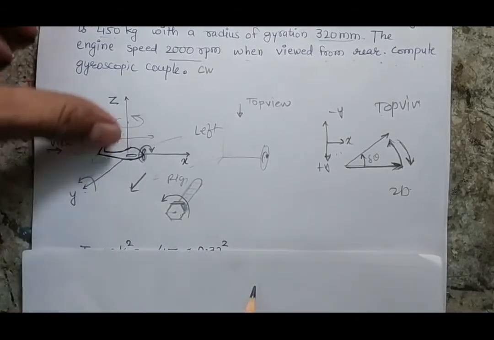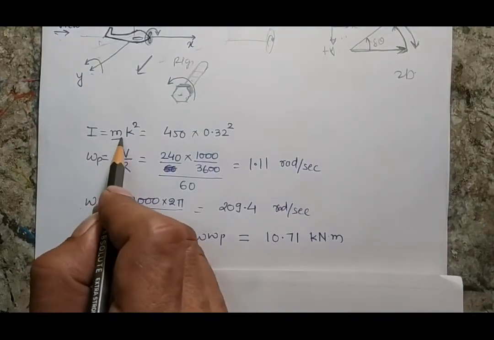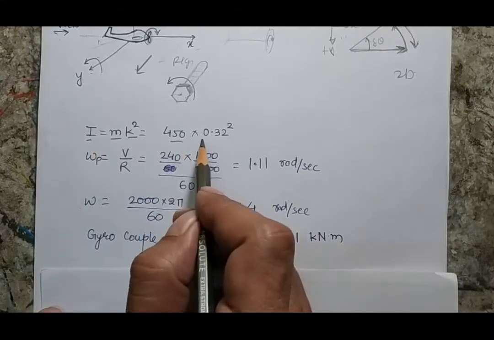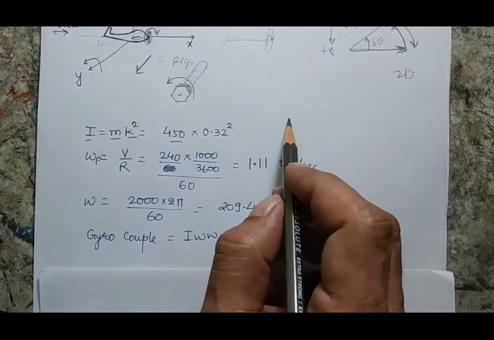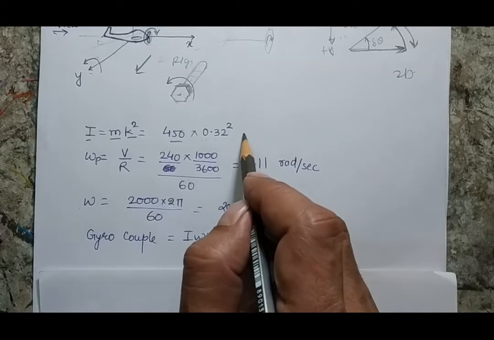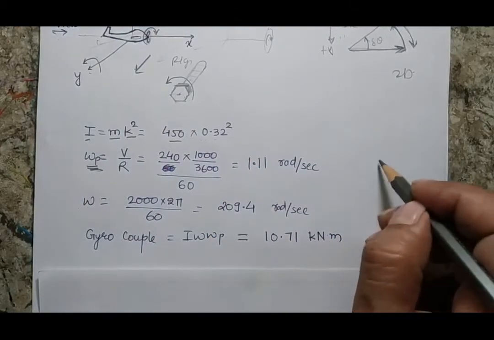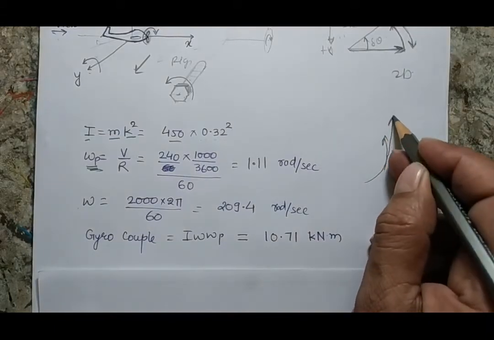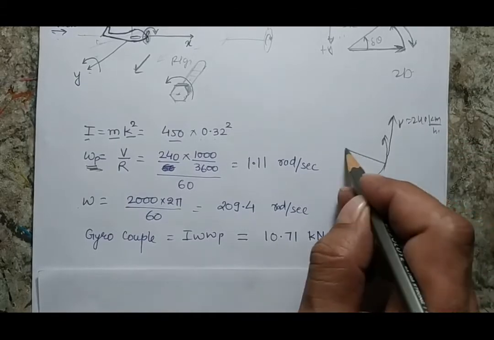This will try to lift the nose, and I can calculate the magnitude if I know the mass value and radius of gyration. My I will be 450 into 0.32 squared, because the radius of gyration is given as 320 mm. The precession I can calculate because I know that the plane is moving in space and it is giving a turn. So the tangential velocity is 240 kilometer per hour, and the radius of turning is 60 meter.